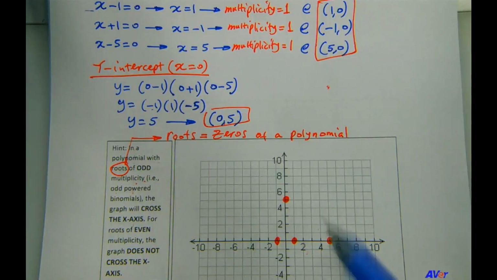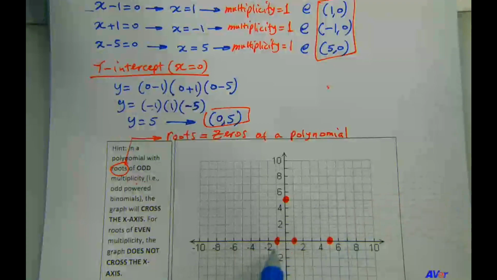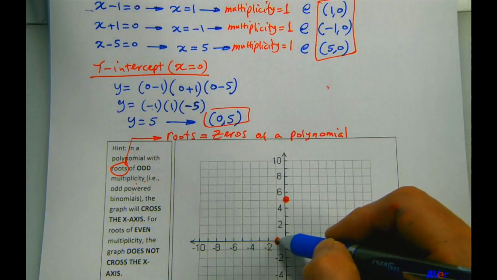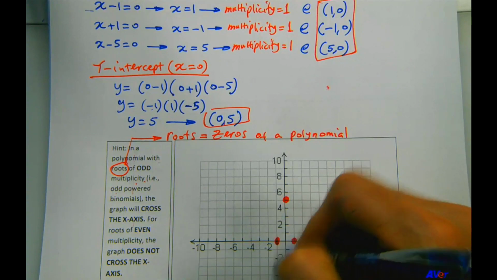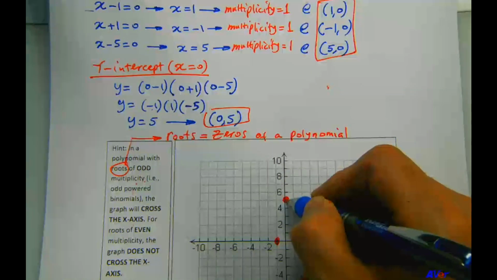Now, drawing the graph from this side, we know that the multiplicity of this zero is odd, and we have a y-intercept here. So, because the multiplicity at this root or zero is odd, that means the line is coming from below and crossing the x-axis to the other side and hitting the y-axis there.